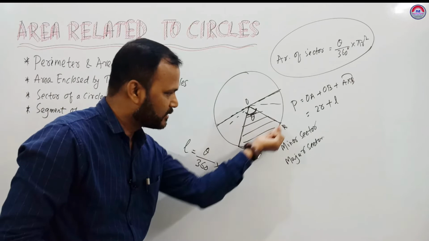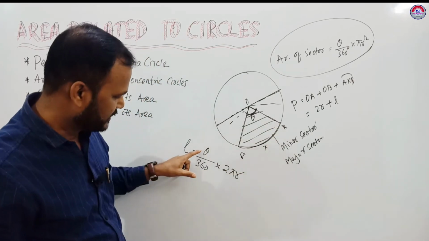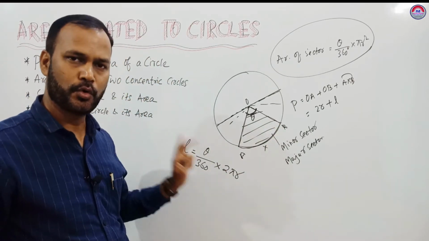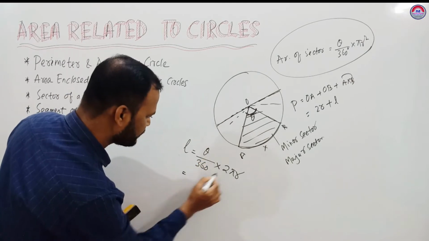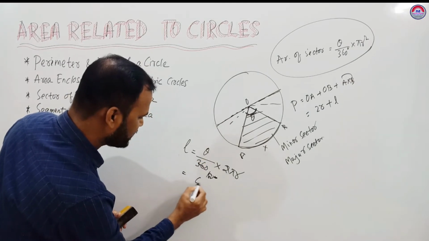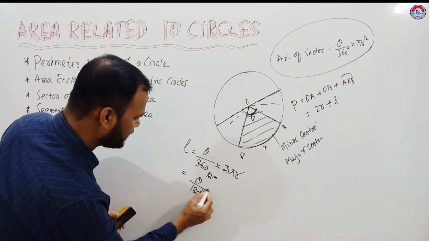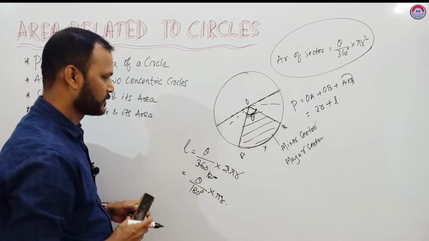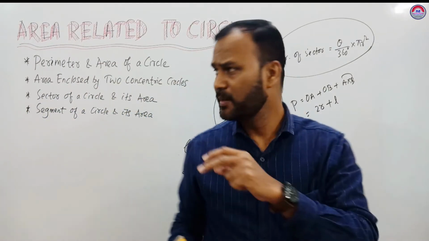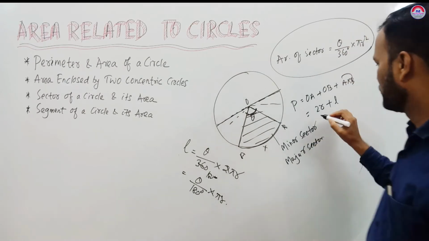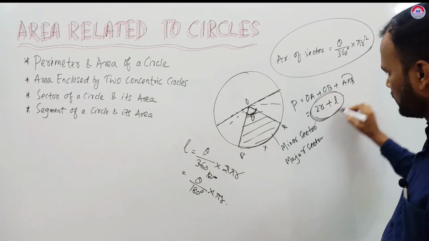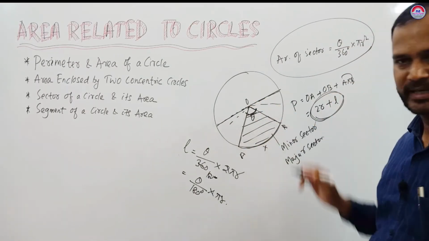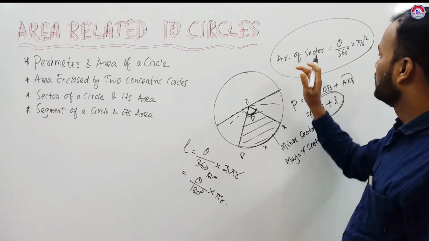To find the length of the arc, we write theta by 360 into 2 pi r. You can cancel, 2 into 180, and get theta by 180 degrees into pi r. It is very easy. So remember the arc: if you put the length of the arc, you can find the perimeter of the sector.